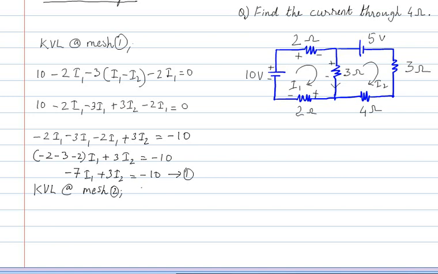KVL at mesh 2. So what happens in KVL at mesh 2 is, now I have to forget about the polarity that I have written here because I am going to write the fresh polarity for 3 ohms. So let me again refresh the circuit. So now for the second mesh, see, because of the battery polarity, this is plus, this is minus.